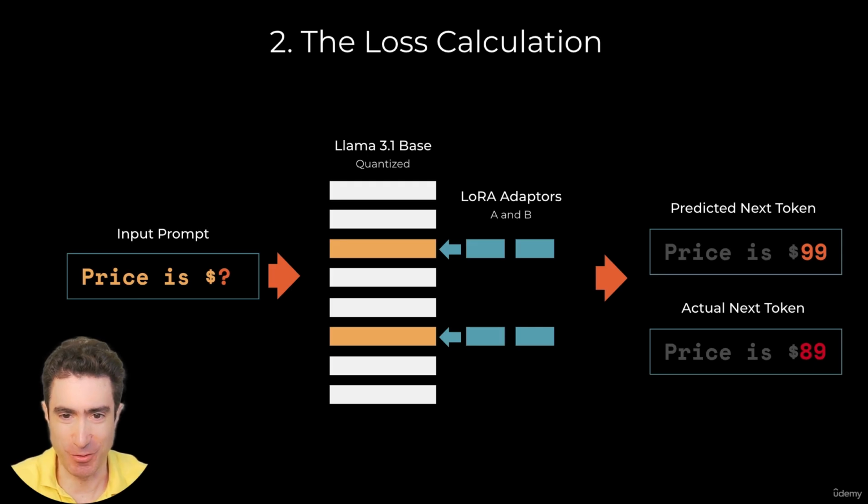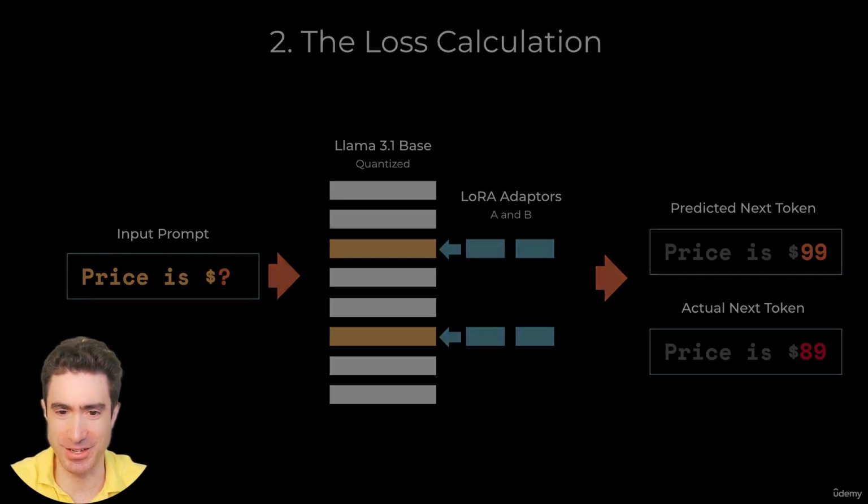Or wrong by a different token. It doesn't know that this represents $10. It just knows it's a different token. And so there is some kind of a loss. And in just a moment, I'm going to explain what that loss is and why it's not quite as simple as it just being a different token. There's a technicality there that we'll get to. But for now, you can just think of it as it predicted 99. The actual value was 89. We have a loss. So that's the loss calculation.